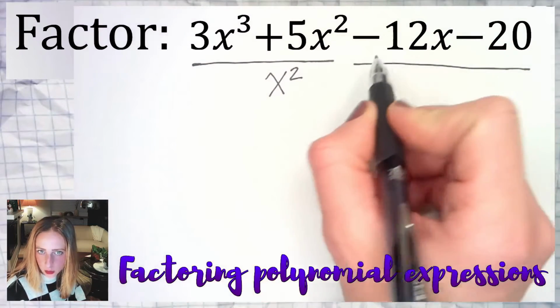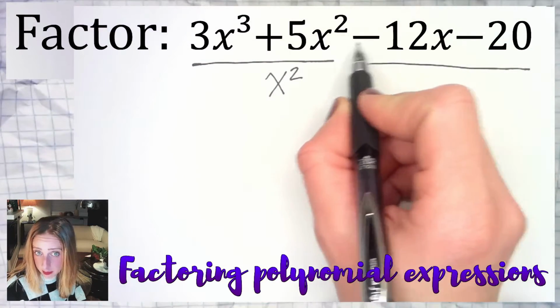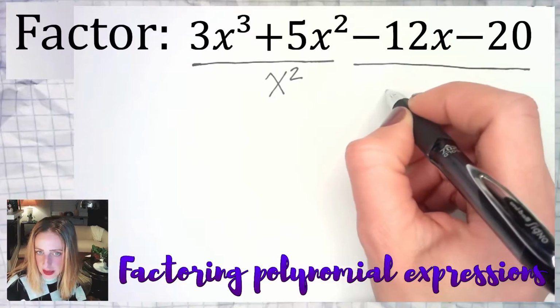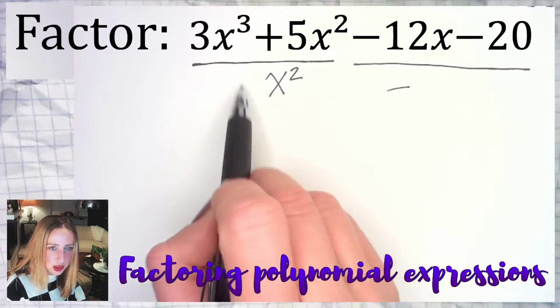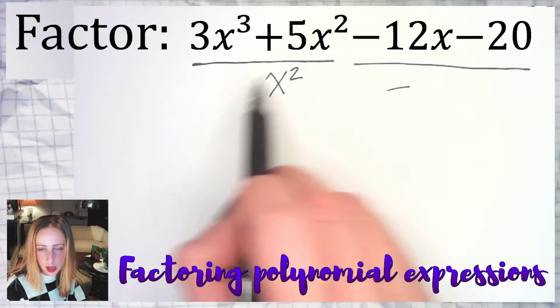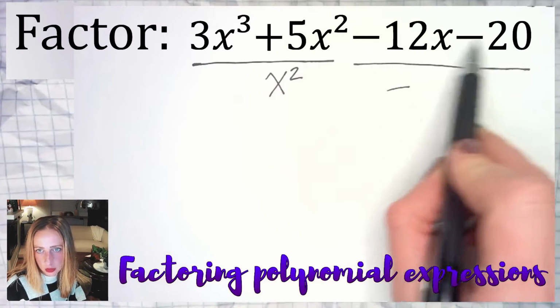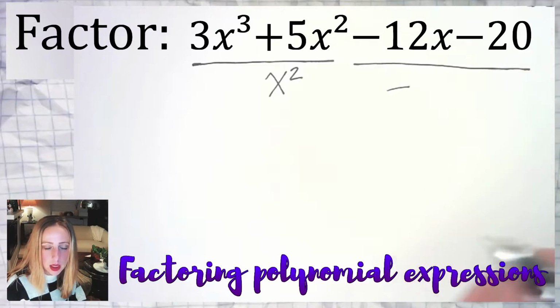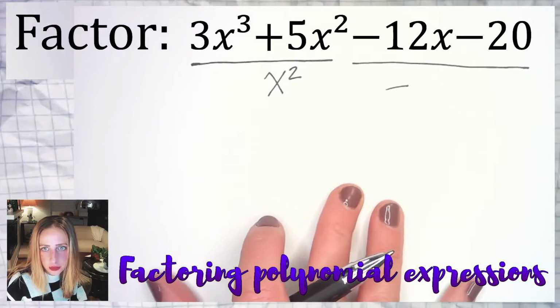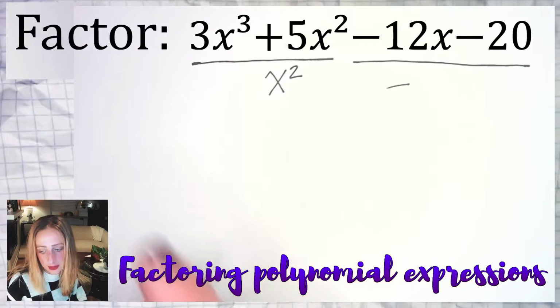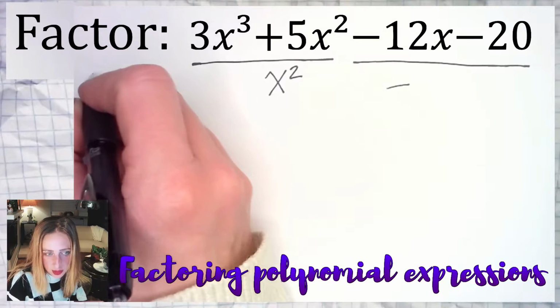In the next set, when your leader is a minus sign, you're going to use a negative GCF. Our leader has an invisible positive, so my GCF will have an invisible positive as well. Now, what do 12 and 20 have in common? If you struggle with this, I need for you to really practice your prime factorization on the side.